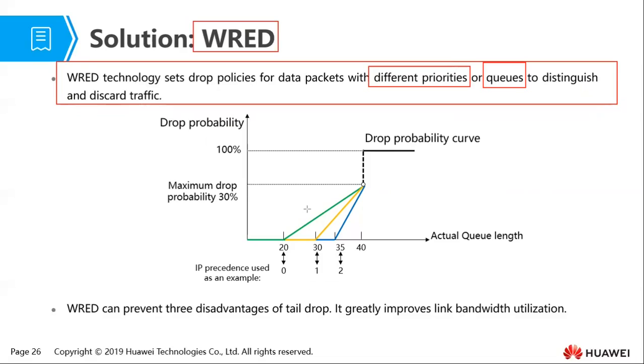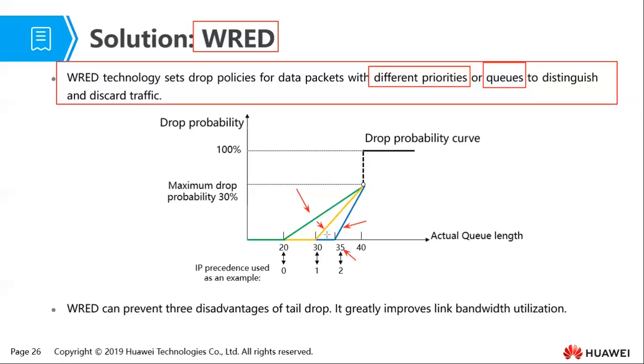So in this example, we can see that packets are placed into different queues depending on their priority. If you have a higher priority, then we can set your drop threshold, we can extend your lower drop threshold.